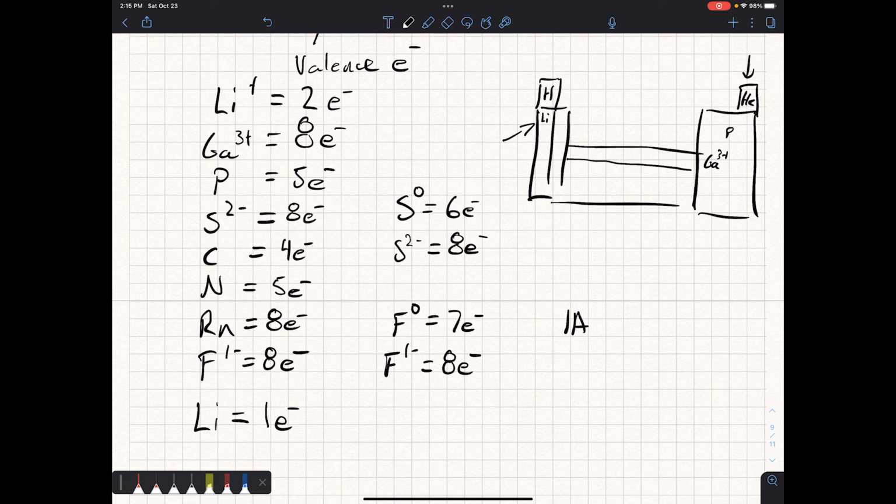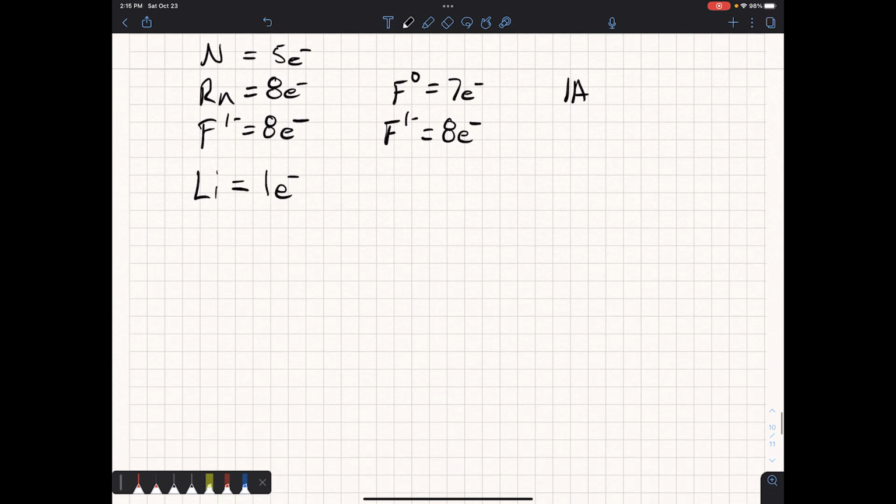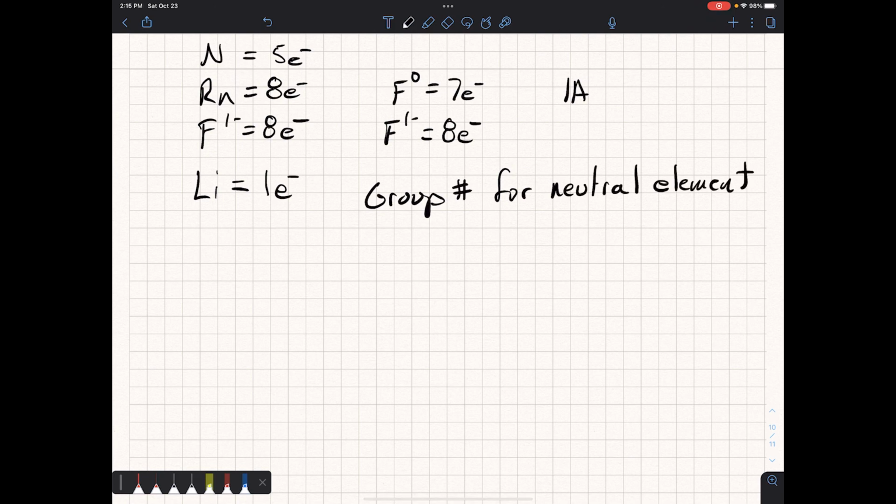So the point here is that really you can just look at the periodic table, and all you need to know is that the group number for the neutral element, and specifically here, this is a neutral element, so neutral meaning 0 charge, is equal to the number of valence electrons.